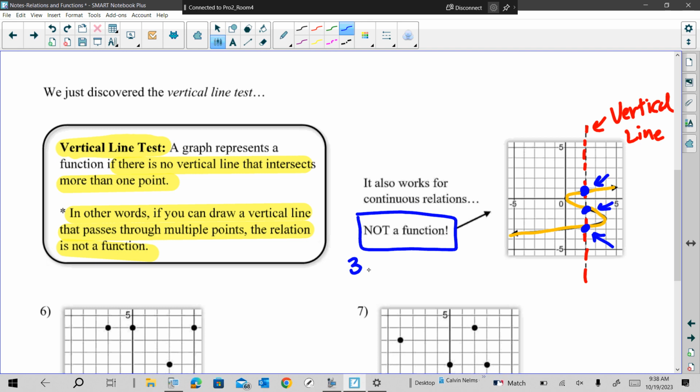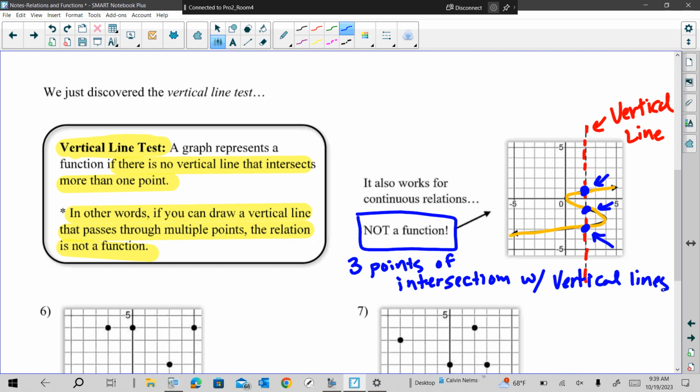There are 3 points of intersection with the vertical line. For it to be a function, it can only have 1 point of intersection.